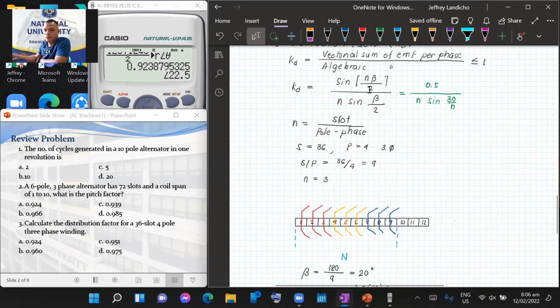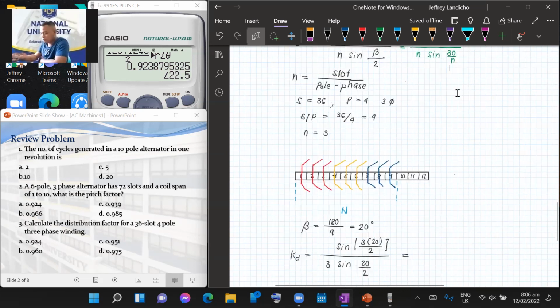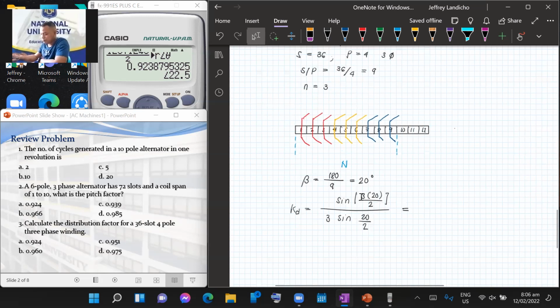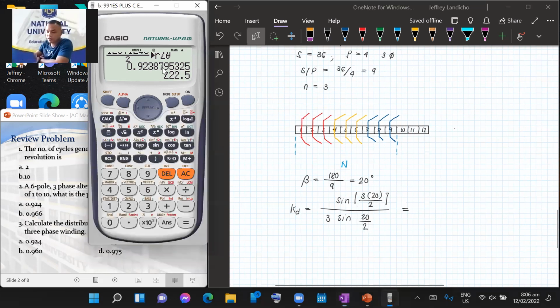Kaya itong n beta over 2, kaya alam natin sine 30 degree, that is only 0.5. Kaya kailangan mo lang kunin doon is n. So pwede mo nang gamitin itong equation na to. Same lang din naman ang lalabas sa sagot. So titignan mo, 20 over 2, that is 10 times 3, so 30. So sine 30 is that 30 over 3 is 10. That is just the same as 20 over 2. So the same lang yan. Okay?